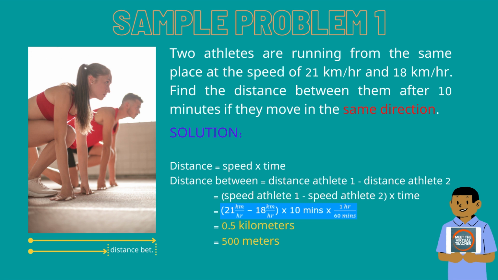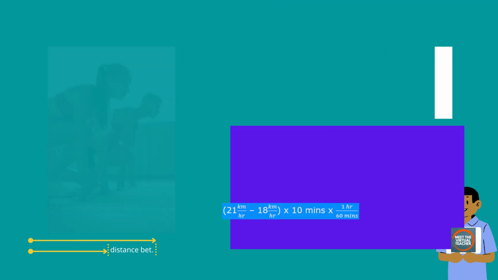We need to convert minutes to hour because the unit is in hour. So solving this equation, it will be equal to 0.5 kilometers or 500 meters. Therefore, the distance between the two athletes after 10 minutes is 500 meters.